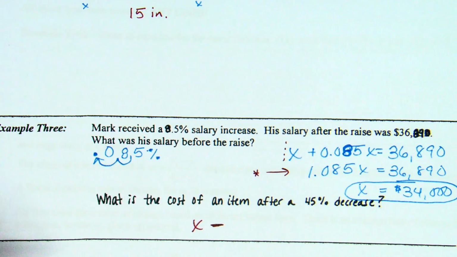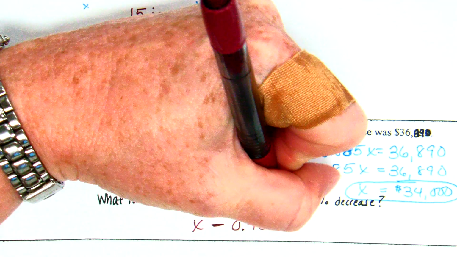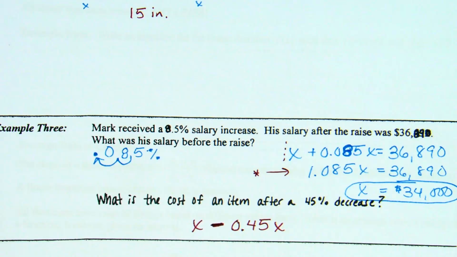How do I know what 45% of that cost is? It's 0.45X. Okay. Well, what is X minus 0.45X?